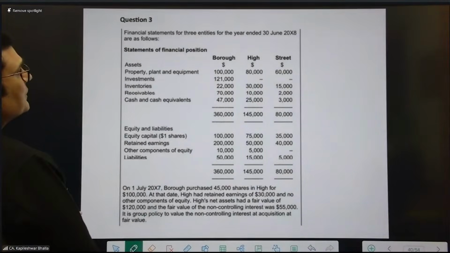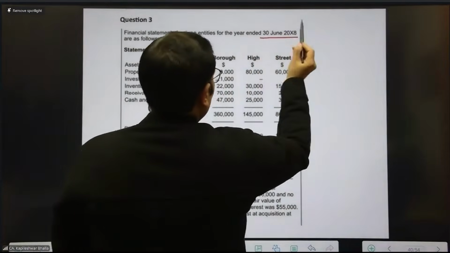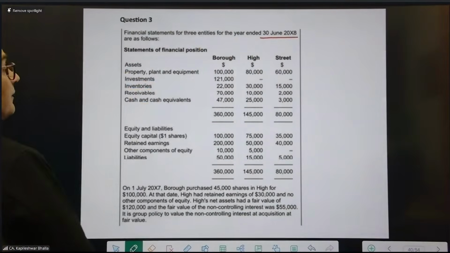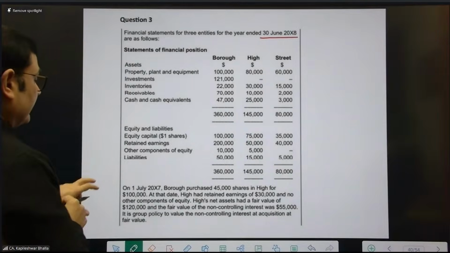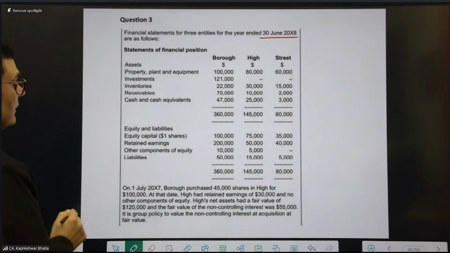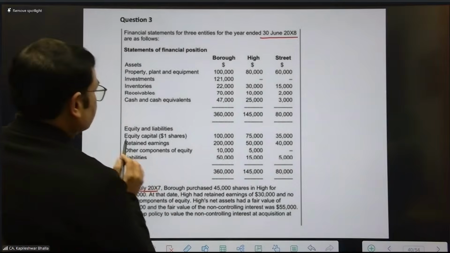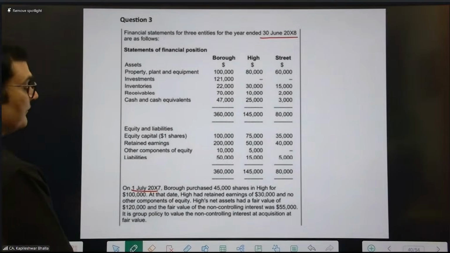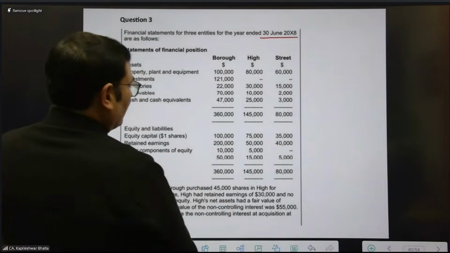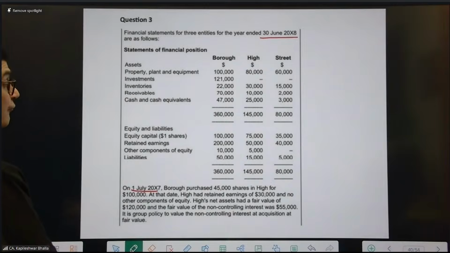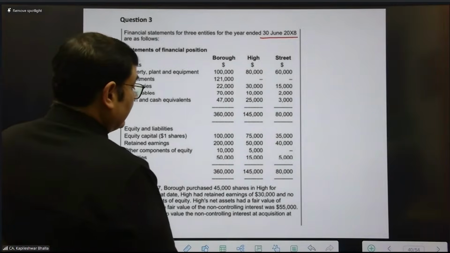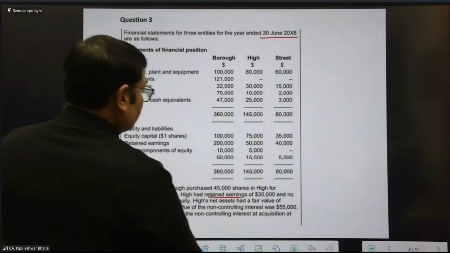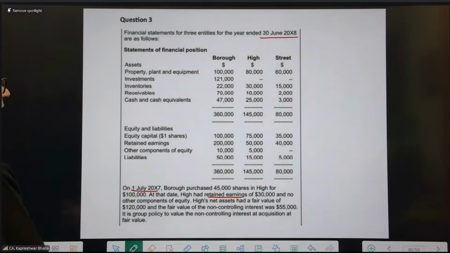It says the financial statements for 3 entities for the year ended 30th June X8 are given. I'm given the balance sheets of B, H, and S. Then it says in the additional information that on 1st July X7, that's the beginning of the year, B purchased 45,000 shares in H for 1 lakh. And on that date, the retained earnings is given as 30,000 and no other components of equity.